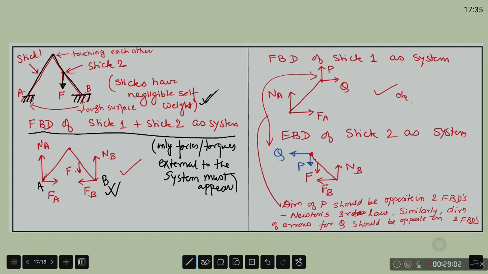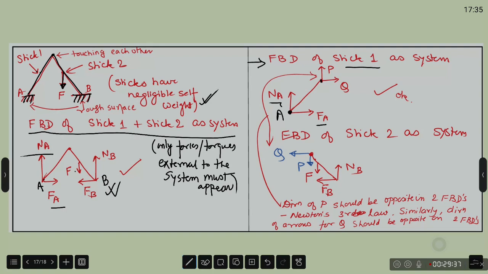So what do I do here? At this point A, Fa and Na are appearing just like we had them here. But now that I have removed stick 2, the surrounding details surrounding stick 1 have been removed. So stick 2 also went away with those surrounding details. But the effect of stick 2 on stick 1 through forces and torques should appear on the FBD of stick 1.